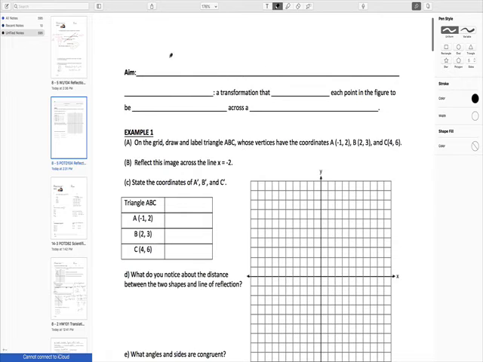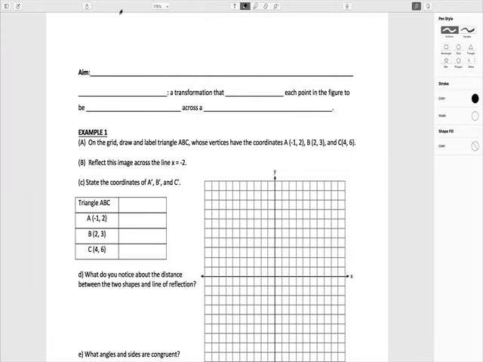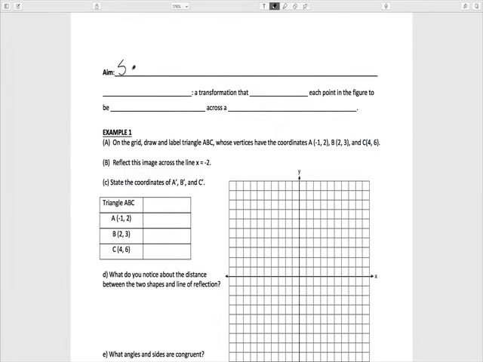Let's flip to our AIM page. Today's AIM, students will be able to understand reflection across any horizontal or vertical line.